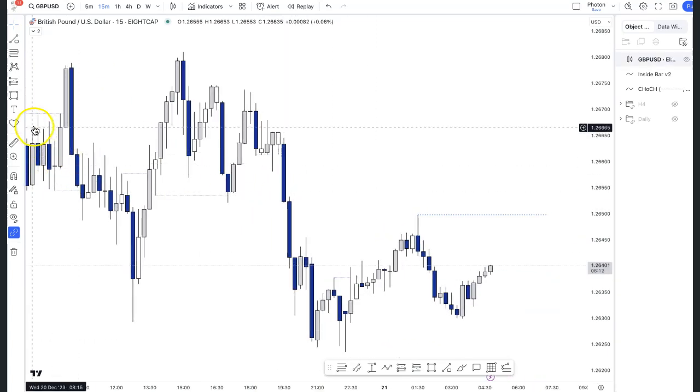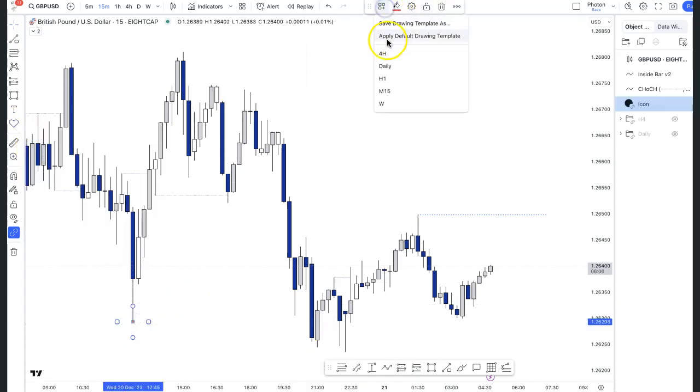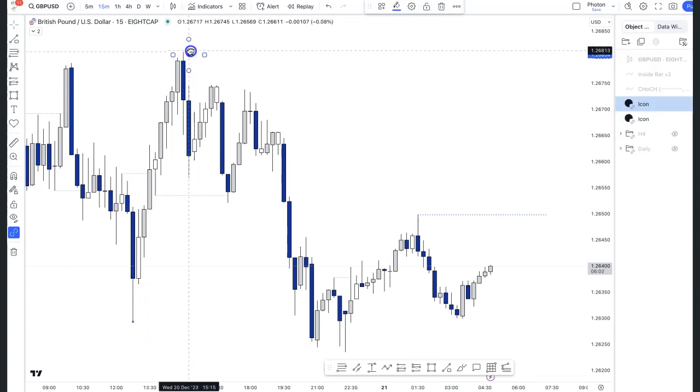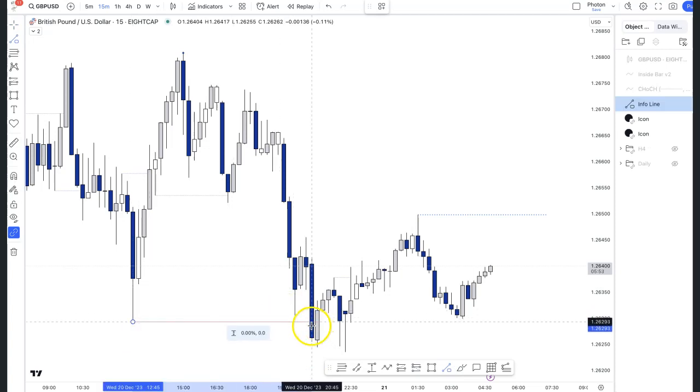And if we just look at the most recent price action, I'm just going to take this as a swing low and this as the swing high, and this is a recent break of structure here, which is the M15 break of structure.